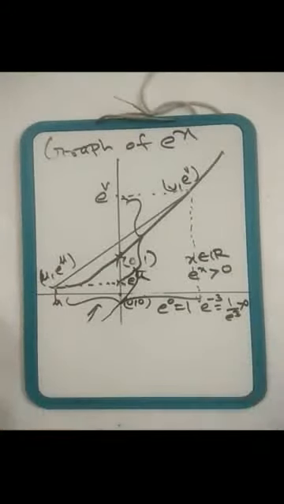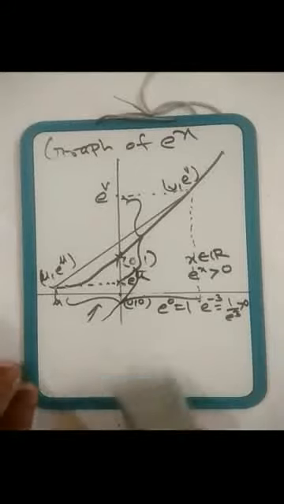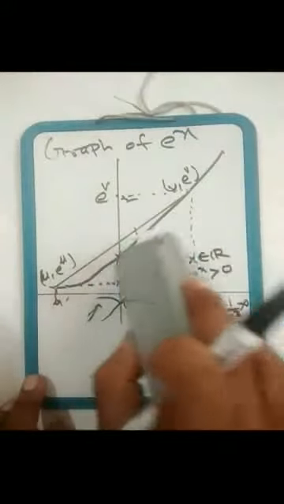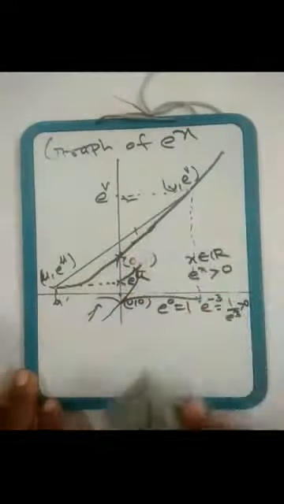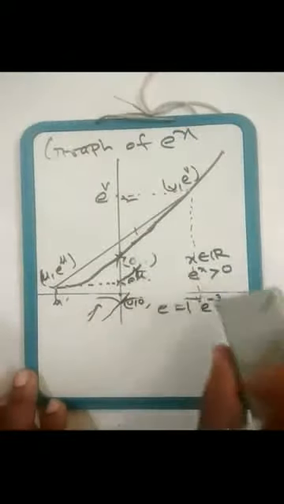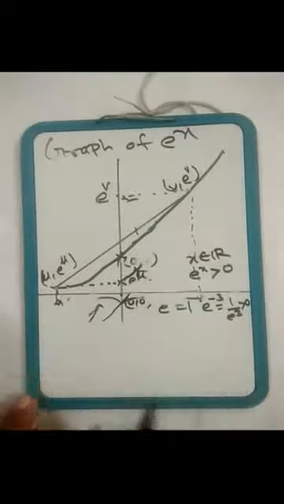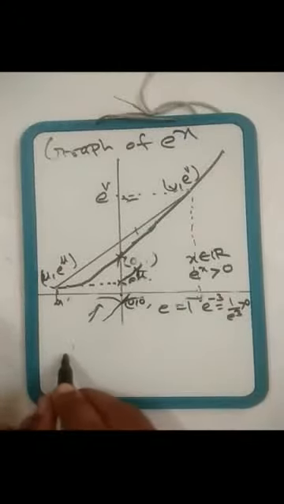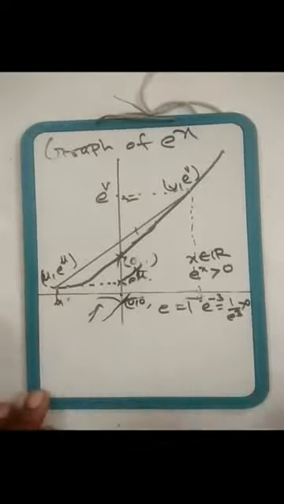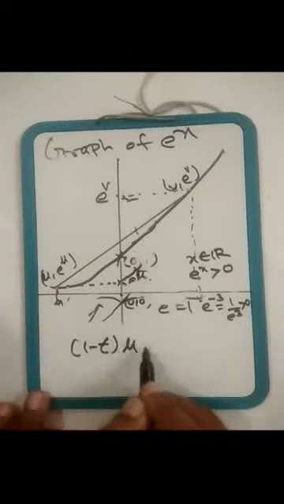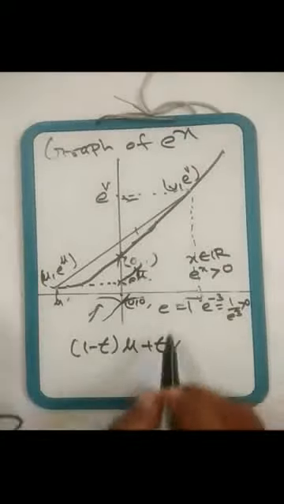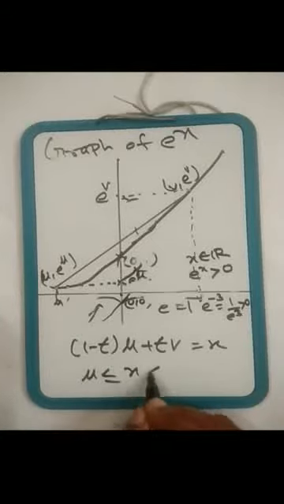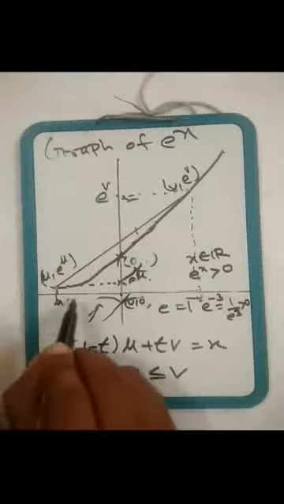So what we have is this, the graph of e raised to x. 1 minus t u plus t v is somewhere a point between u and v, so it's a point lying in between, somewhere here.